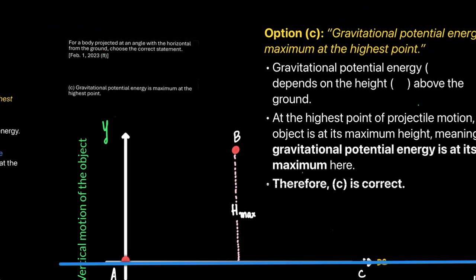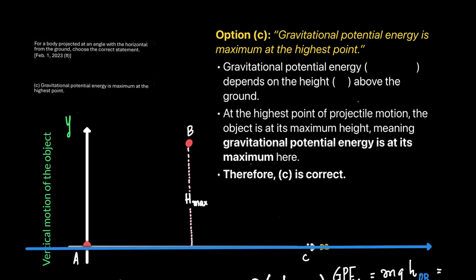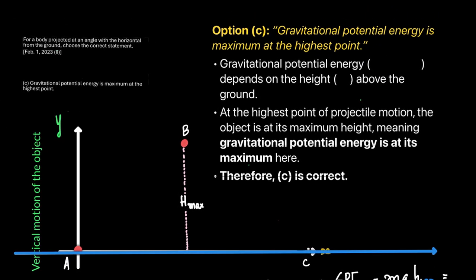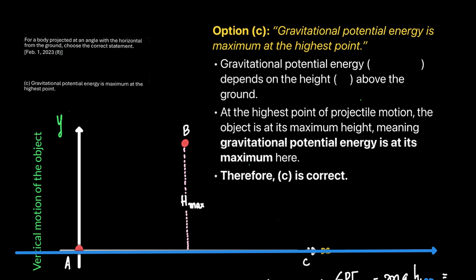Now, let us come to statement number 3. See, now this is one such point where I think conceptually a lot of students don't try to emphasize much on the concepts here, both in the theory part and in the mathematical sense. Let us see the basic theory here. So the gravitational potential energy is maximum at highest point is what the statement says. Now the gravitational potential energy, which we can generalize as mgh, depends on the height h above the ground.